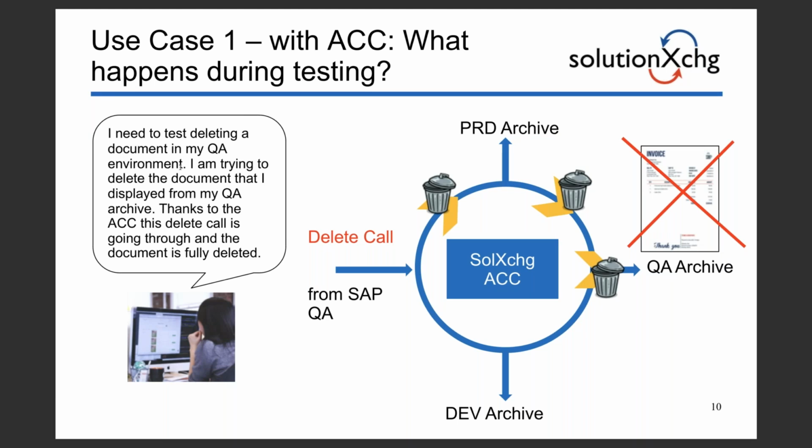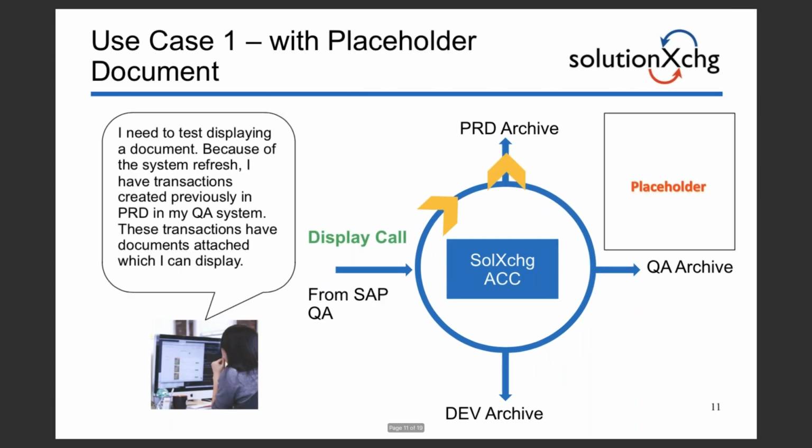And if that delete call actually refers to a valid document in the QA archive, then this delete call is passed through. It's bypassing the production archive, goes to the QA archive, and in the QA archive, that delete is allowed and the document is fully deleted.